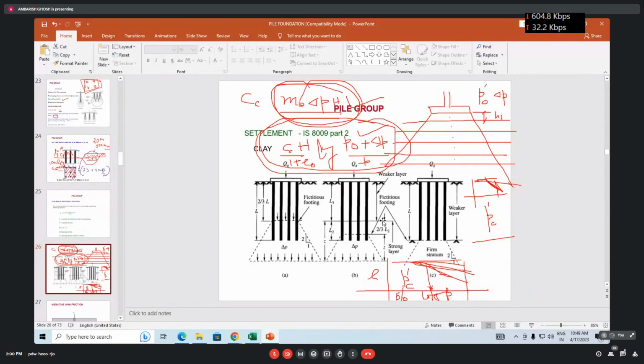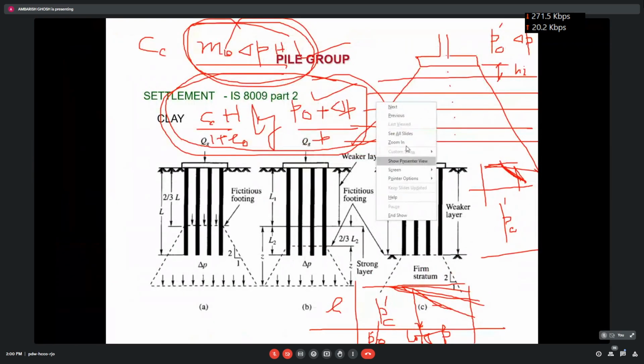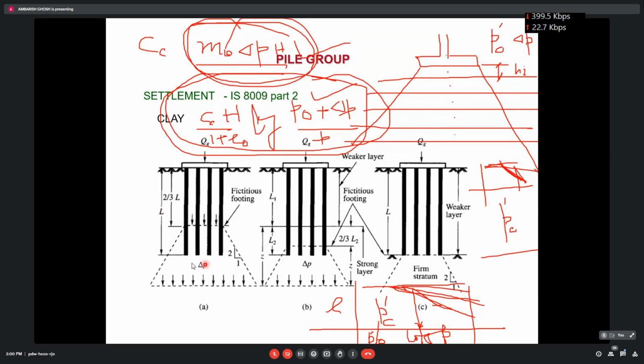This is a soft layer and this is a strong layer. This part you see: for friction pile as if it is homogeneous, we are considering the load at 2/3 L, and there we are taking the dispersion, and the layers will be divided and you get the settlement.